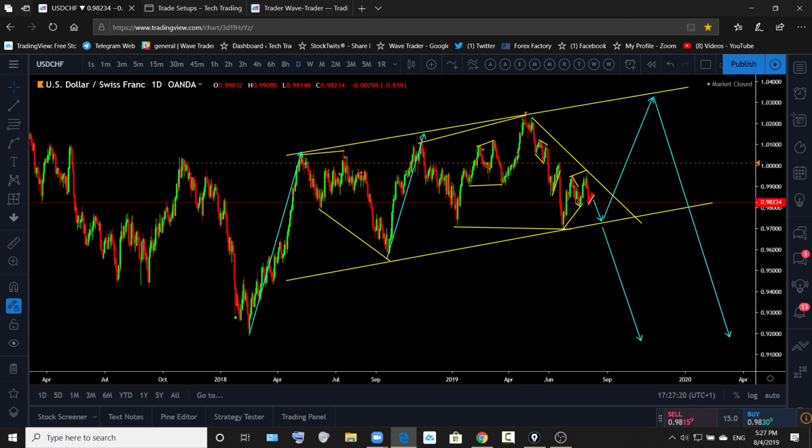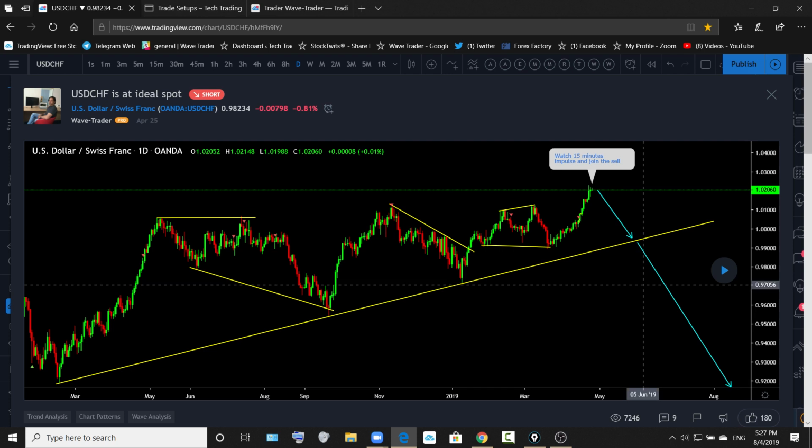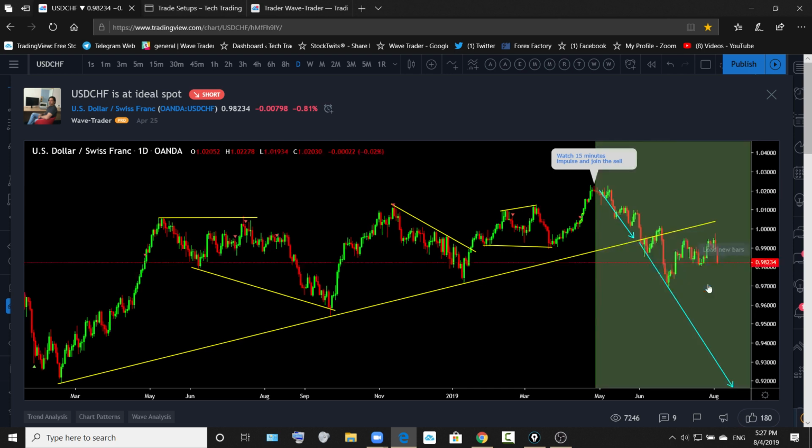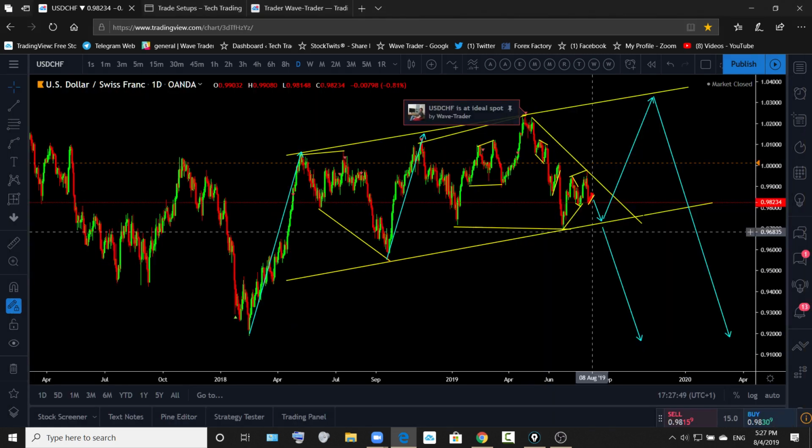The direction we were expecting for a very long time on the dollar chief: it looks like it has completed the ABC move I was showing you last week, and we are going to continue for a big drop. This ABC move is done, and the dollar chief is just heading down up to 92.